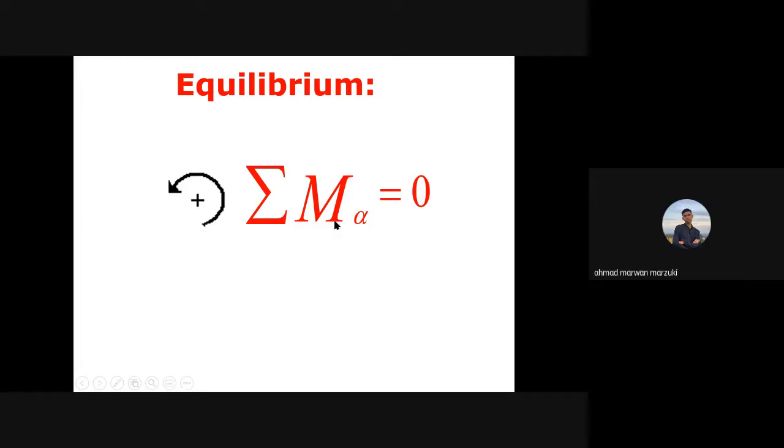Summation of moment at any point is equal to 0. Okay, summation of moment at any point, yeah, must be equal to 0. Kalau tak equal to 0, tu dynamic, yeah. In static, it must be 0. So this is how you read this. Okay? Any question?